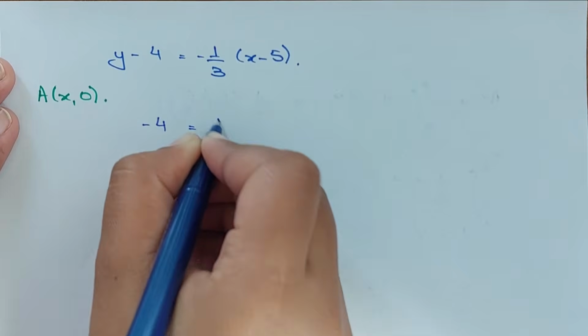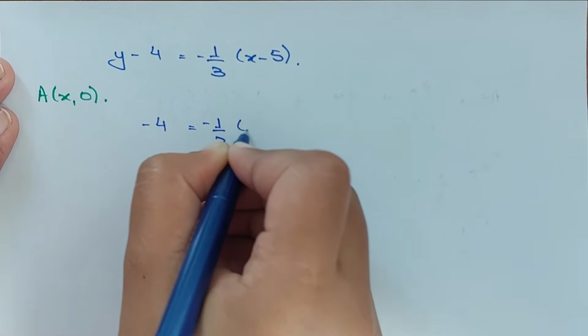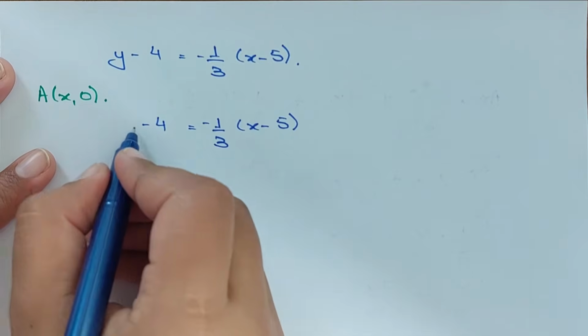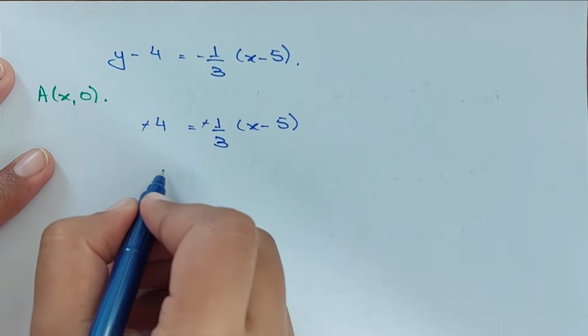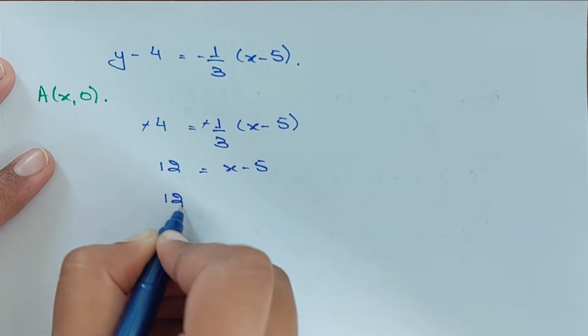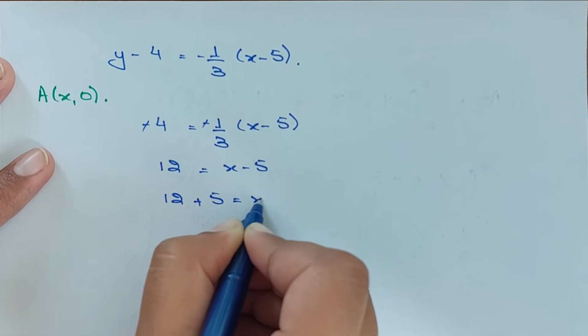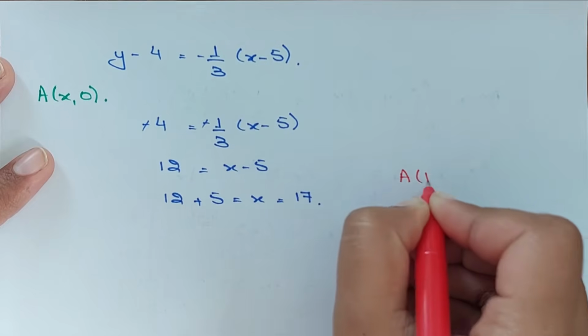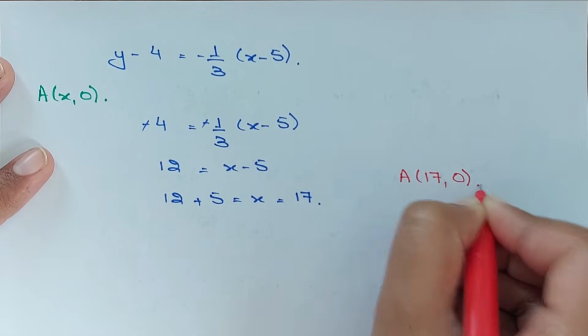Minus 4 equals negative 1 over 3 into x minus 5. The negatives cancel, and 4 times 3 is 12, equals x minus 5. 12 plus 5 is the x value, which equals 17. So we can say that A is (17, 0).